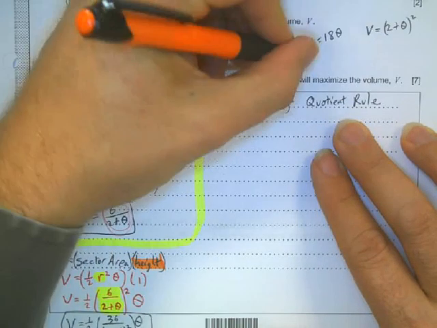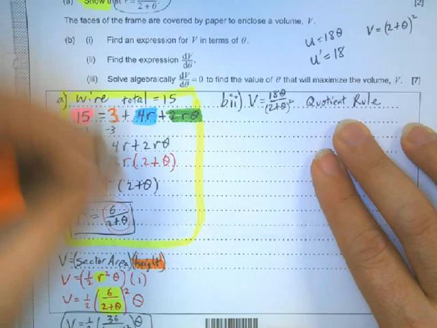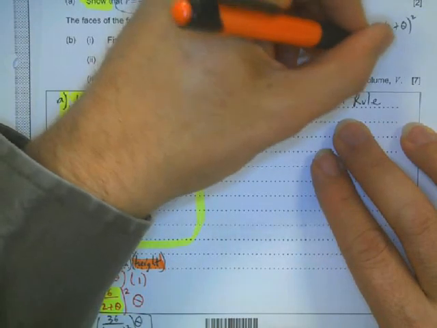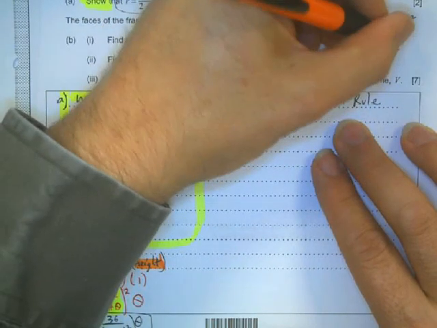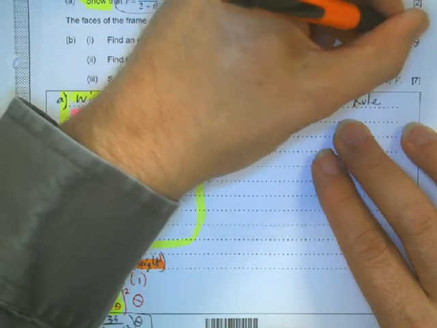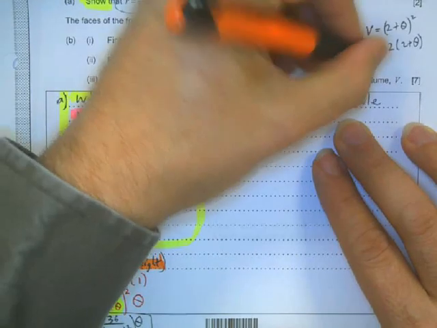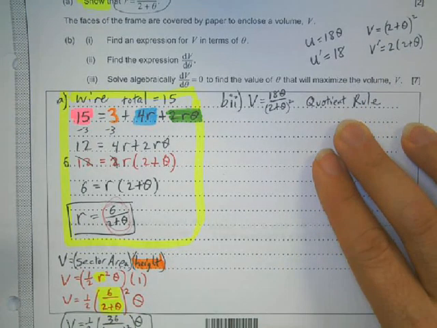U prime is going to be equal to 18. V prime is going to be equal to 2 times 2 plus theta. I'll leave it like that.